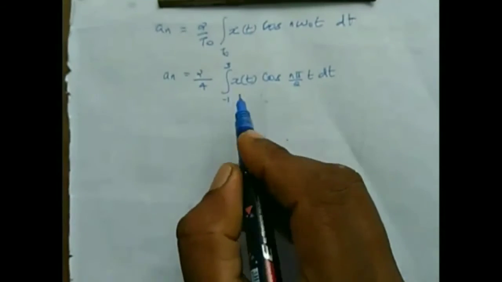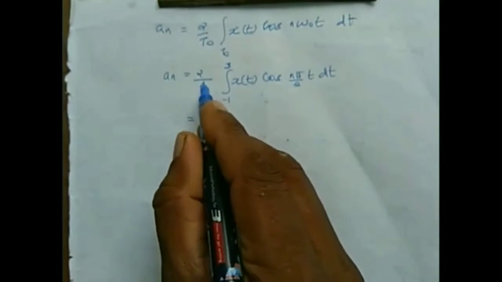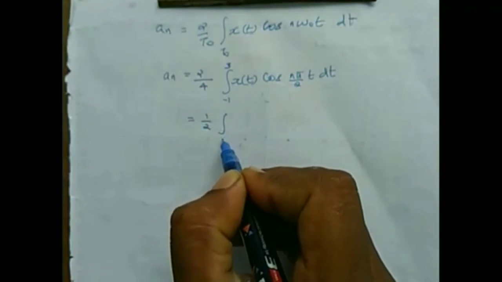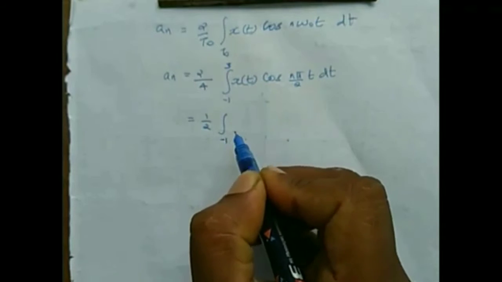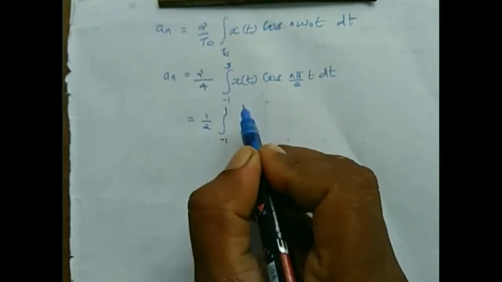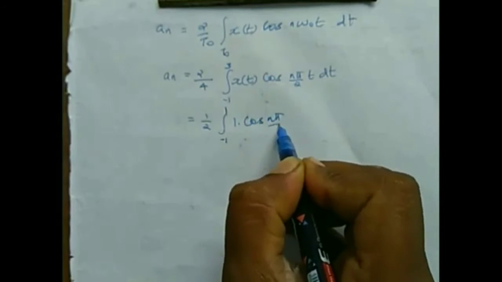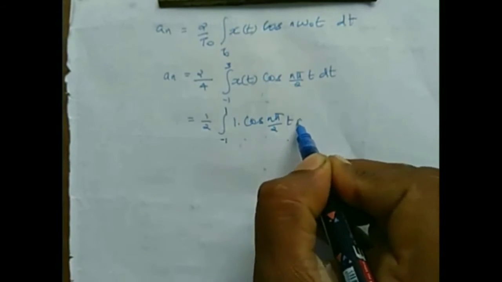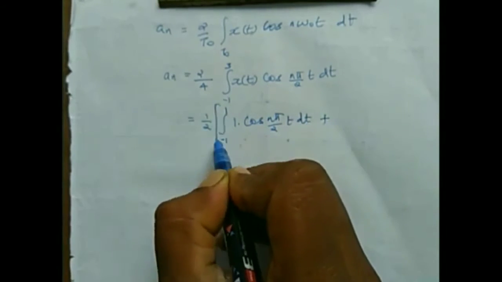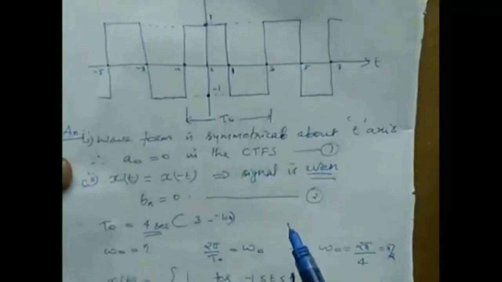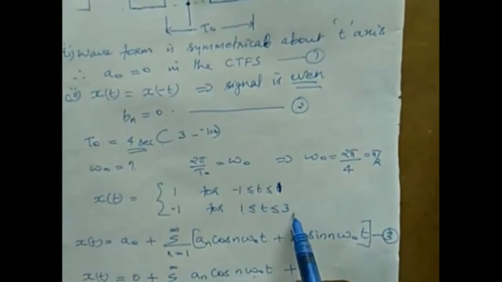So let us split this limit of integration: 2 by 4 is equal to 1 by 2, integral from -1 to 1, x of t is equal to 1 into cos n pi by 2 t dt, plus the second integration is from 1 to 3.